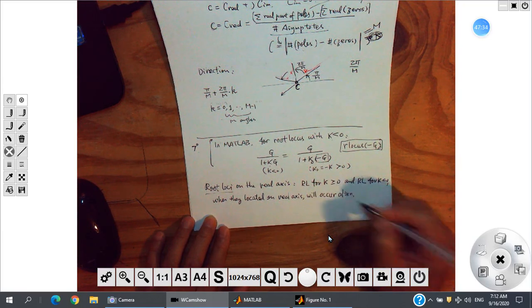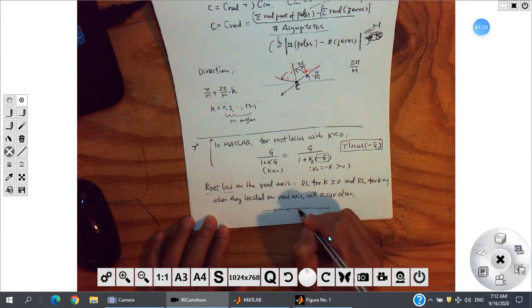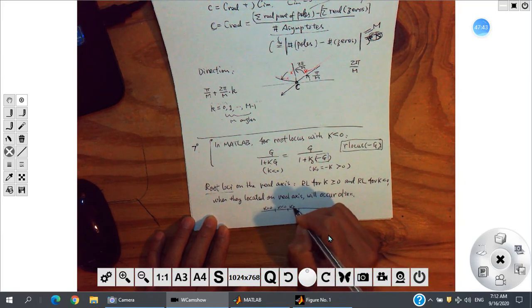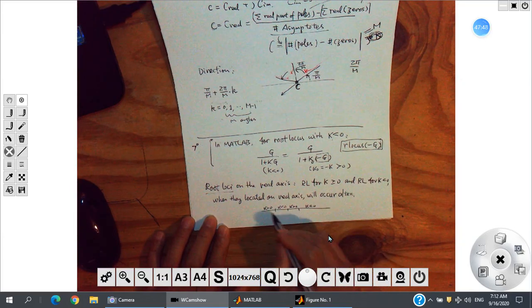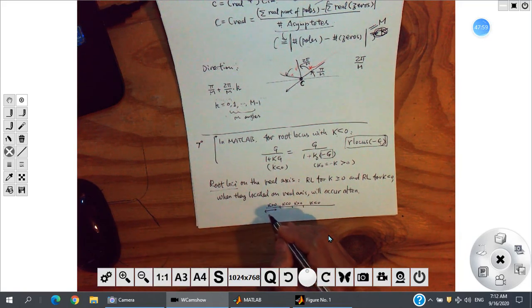Okay, I just write it like this. So one positive, k larger than 0, then k smaller than 0, then k larger than 0, then k smaller than 0, like this. Alternately. And the most right part must be positive.